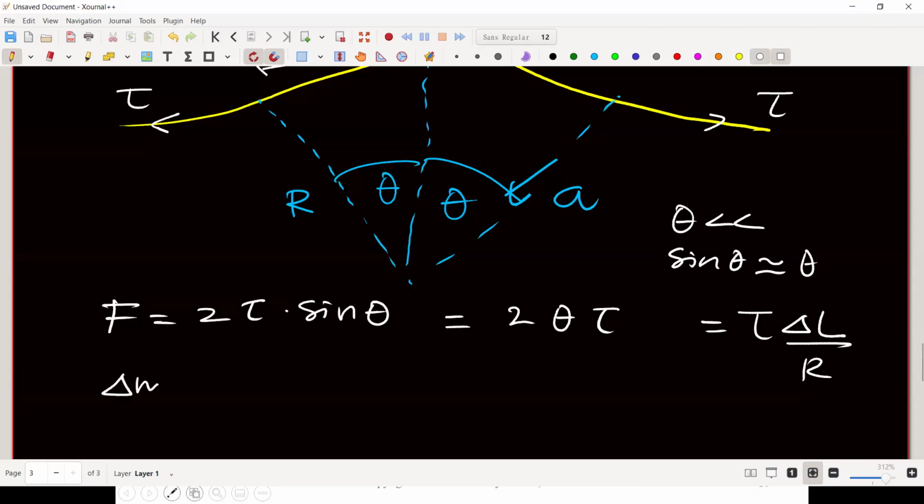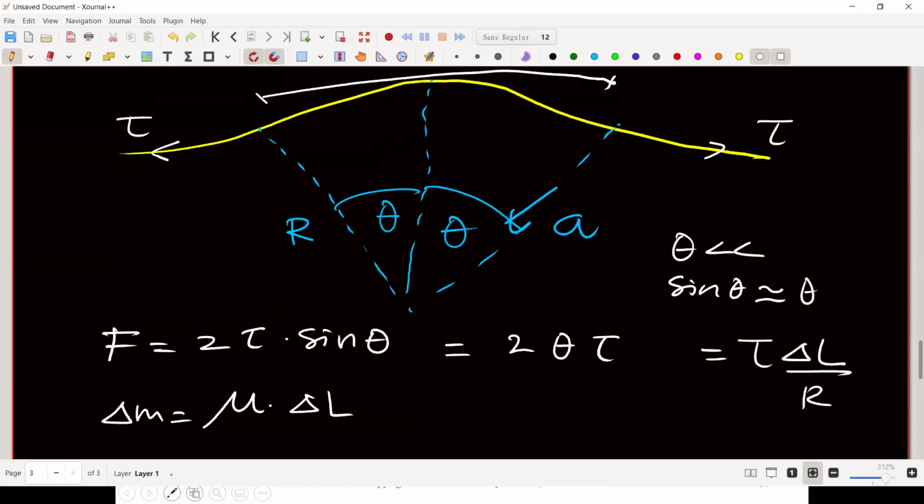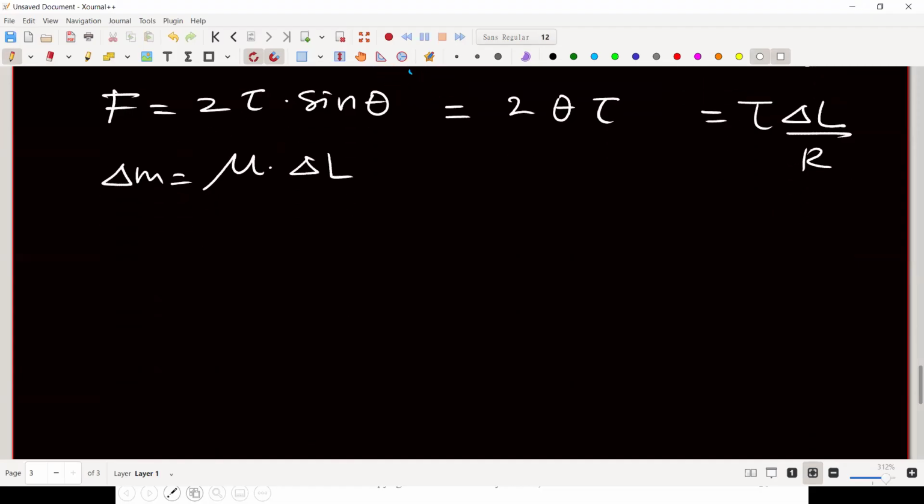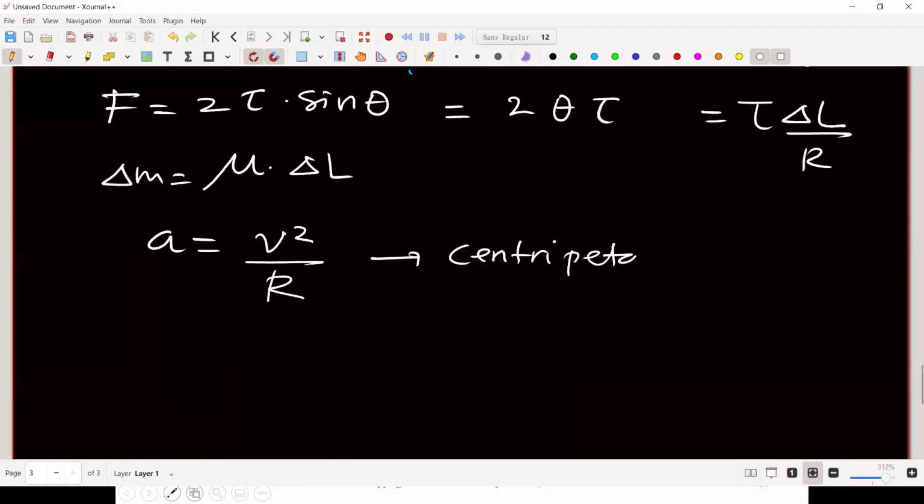And then delta M is the mass of the string. This one is mu delta L. A is the acceleration of the string. We know that centripetal acceleration is v squared divided by R. So this one is the centripetal acceleration.